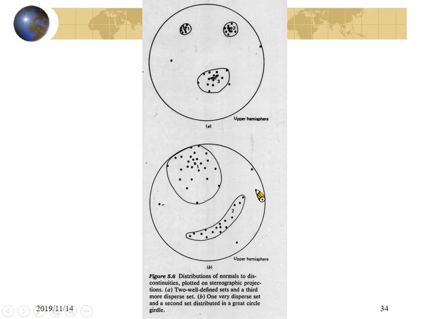Dip joints. The strike of these joints is parallel to the dip direction of this bedding plane, so we call them dip joints. And you will have another like this. We call them strike joints.